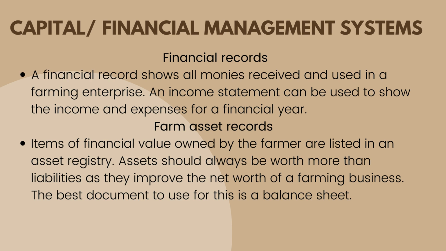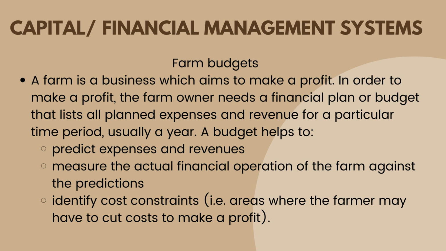Then we've got working or floating capital, which includes spare parts, fertilizers, seeds, wages, salaries, or even fuel, right? The balance sheet will determine the net worth of the business. The net worth of the business is basically assets minus liabilities, right? Now let's continue. Then we've got the farm budgets.